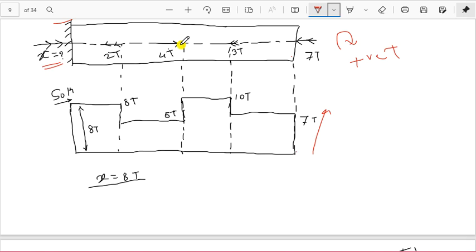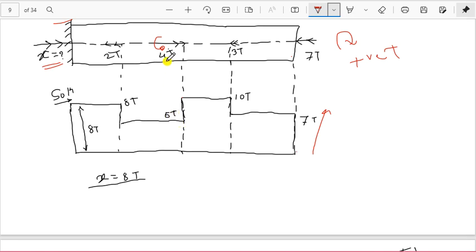After reaching here, you will find there is anti-clockwise torque of magnitude 4T. So if it is in anti-clockwise direction, we will subtract this 4T from the 10T, so we will get 6T. So we will draw a vertical line to reach a magnitude of 6T.